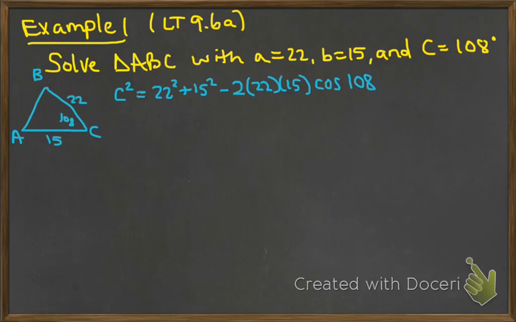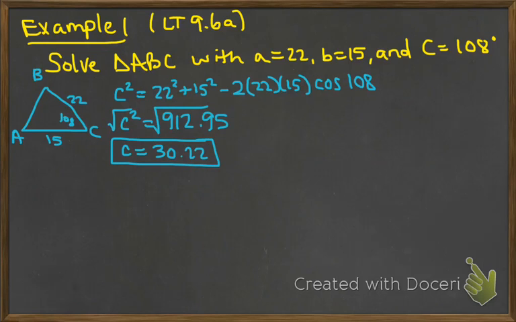Since everything on the right side is numbers, I would type that in the calculator, and I would get that C squared is equal to 912.95. Then take the square root of both sides. In this case, C would come out to be 30.22. And there is my first answer.